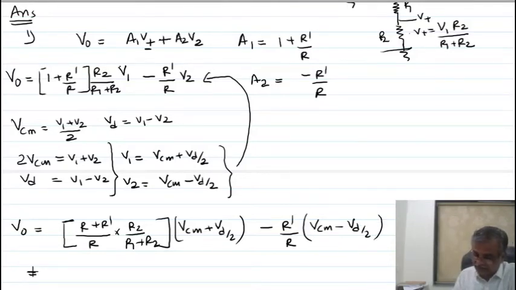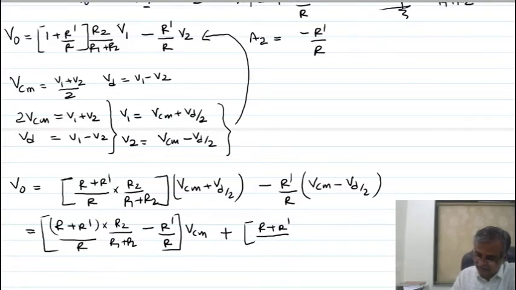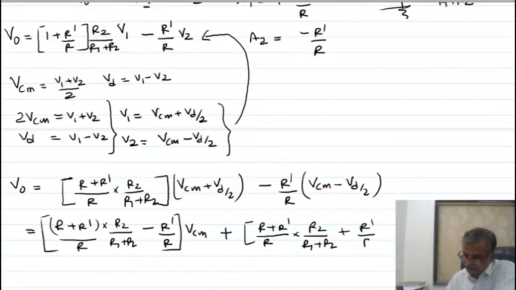From this I can write R plus R' upon R into R2 upon R1 plus R2, minus R' by R, into VCM, plus R plus R' upon R into R2 upon R1 plus R2 plus R' by R into Vd by 2.